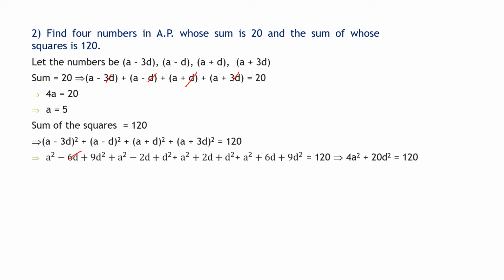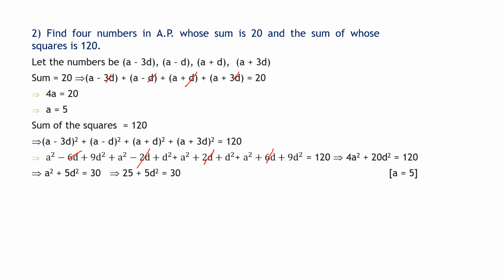Now here the minus 6AD and the plus 6AD get cut off, the minus 2AD and the plus 2AD get cut off. So we have 4A square plus 20D square equal to 120.